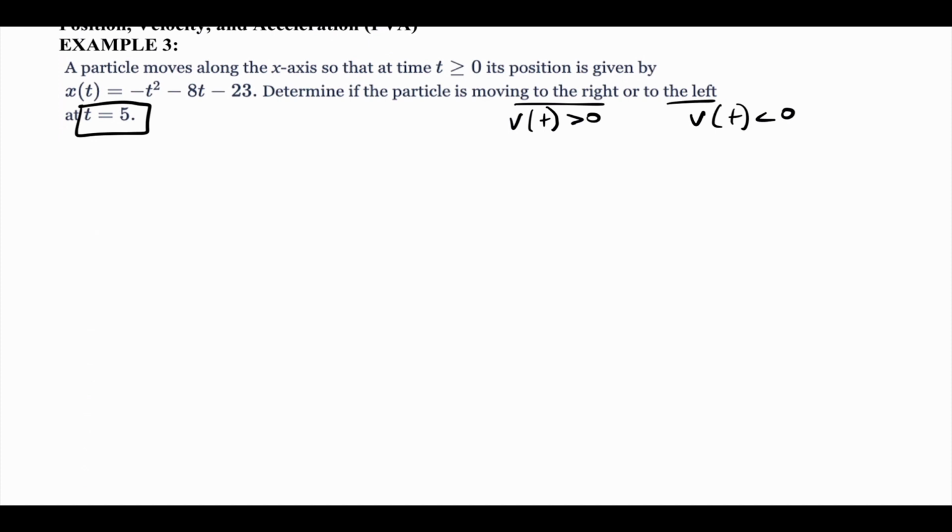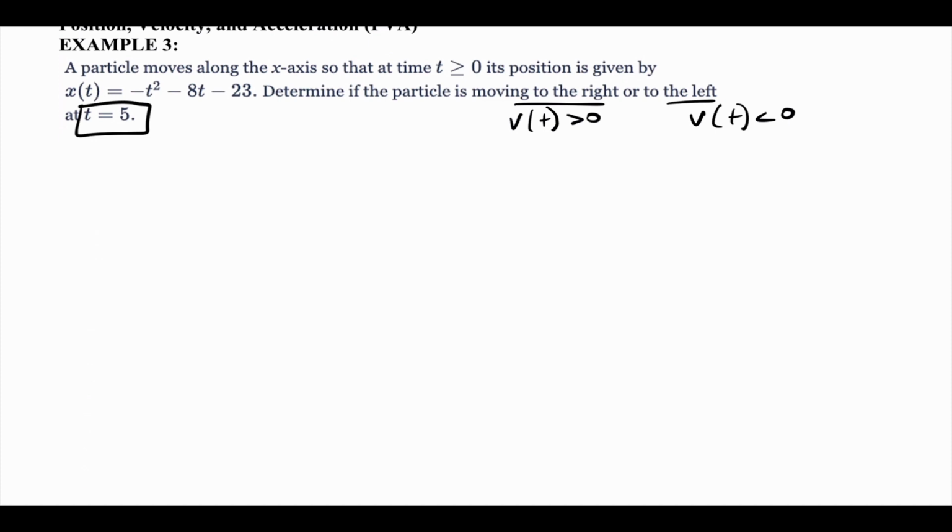So in other words, let's not worry about position, velocity, acceleration. What are we trying to do here? We're trying to find if velocity is positive or negative, but what does that mean in terms of what we have to do? Take the first derivative, and then what do we do with it? Not set it equal to 0.